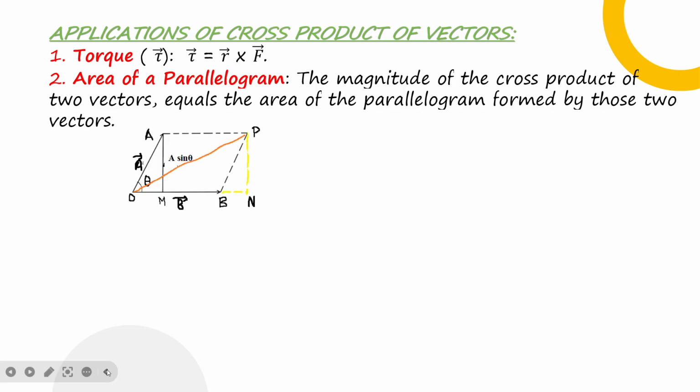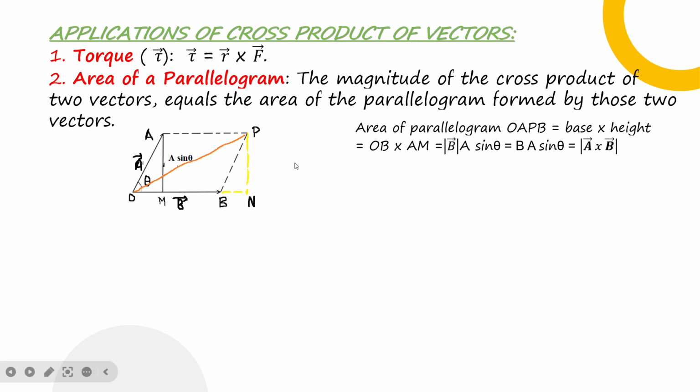In the diagram, we can see vector A and vector B, OA representing vector A, OB representing vector B. If we join AP and PB, we will get a parallelogram OAPB.